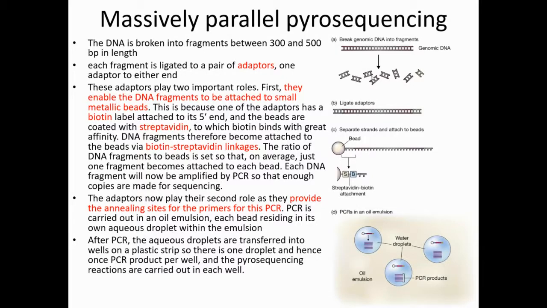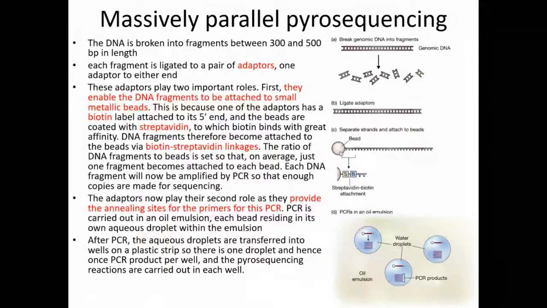So you take the DNA fragments mixed with the adapters in the presence of ligase, and they will ligate the adapter to both ends of the sequence. This adapter enables a DNA fragment to be attached to a small metallic bead, because we want to attach this fragment to the bead, all right?